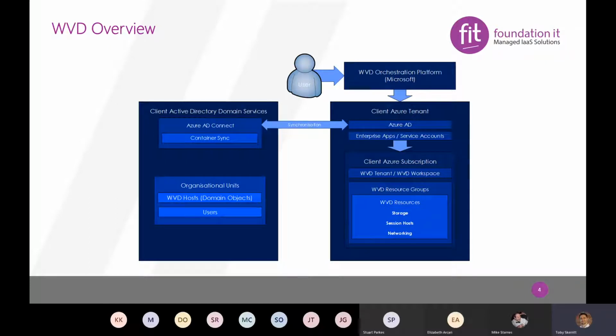All of those resources would be accessed through Microsoft's as a service Windows Virtual Desktop platform. If you have on-premise Horizon View or Citrix environments, you can also layer over Citrix and VMware management services. But the Windows Virtual Desktop platform is a purely Microsoft stack. It's all about Microsoft orchestrating the access to your virtual desktop environment. Hopefully that makes sense.